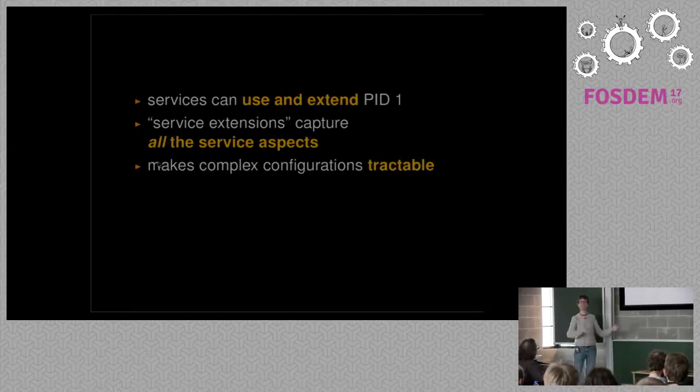System services are more than just actions to start daemon, stop daemon, stuff like that. It's more than just this dependency graph. And service extensions, as I showed, they capture all these aspects of service configuration and how they interact with each other. And it makes complex configuration tractable.